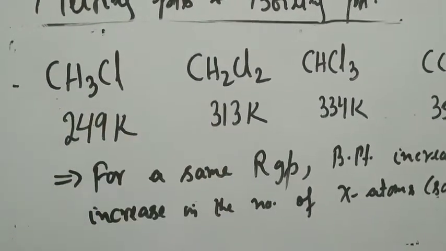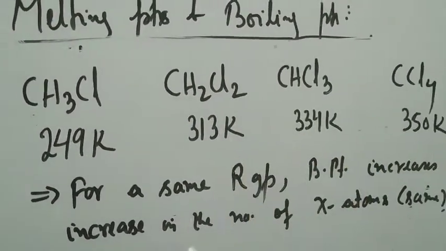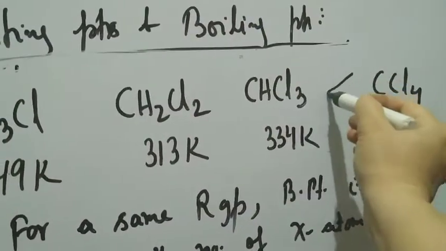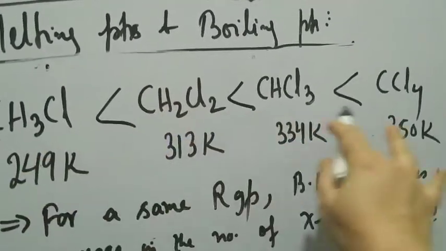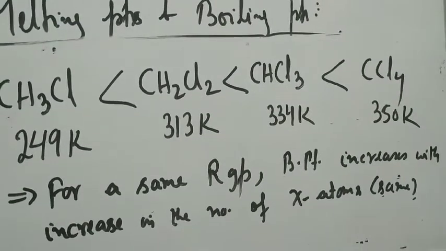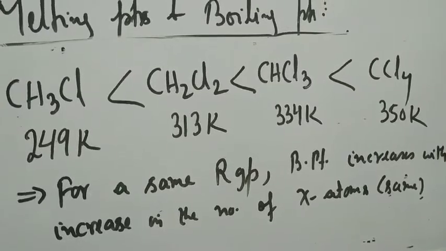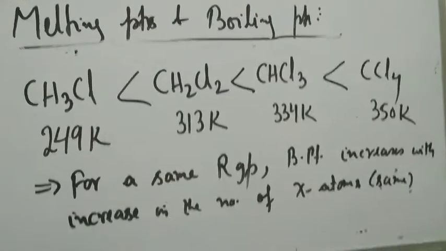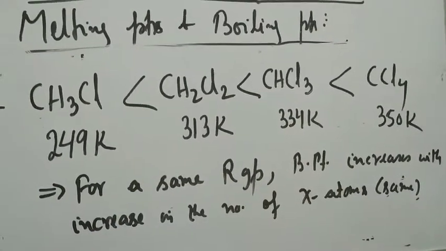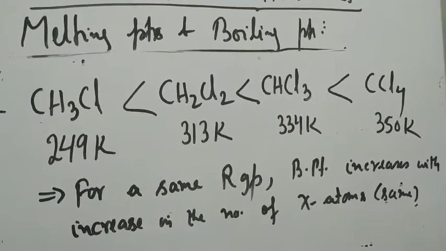Because in this you just have one C-Cl polar bond. You have two polar bonds here. You have three polar bonds here. You have four polar bonds here. Since the number of polar bonds is increasing in this direction, the magnitude of intermolecular force of attraction will increase, leading to the increase in the melting and boiling points. Right? These are some very important points about the boiling points, particularly boiling points. Generally the trend of boiling points is the same as the trend of melting points. And these were the melting points and boiling points of haloalkanes.